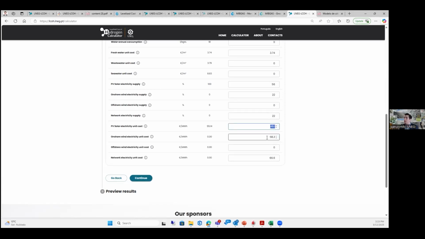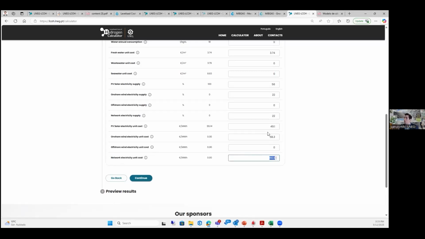And in the methodological report, you have the capacity factors that we assumed in order to obtain these values, and the degradation rate for the PV solar plant that we assumed, because that information is not public. Another piece of information that we assumed was this network electricity cost, that in this case represents the portion of the power purchase agreement.